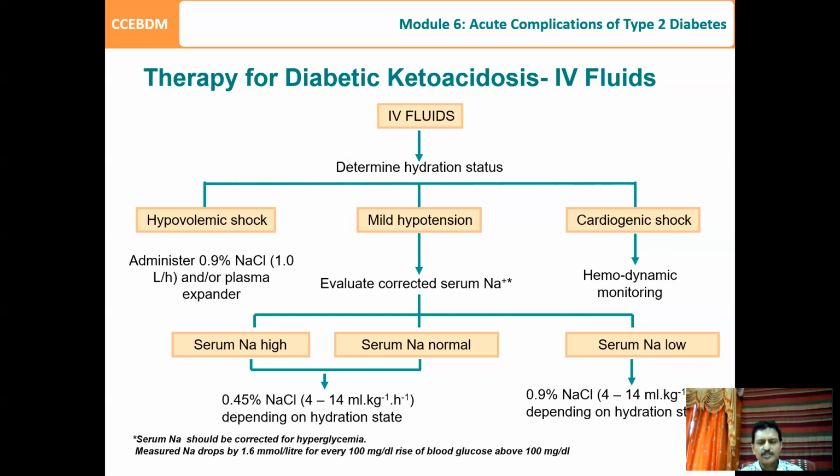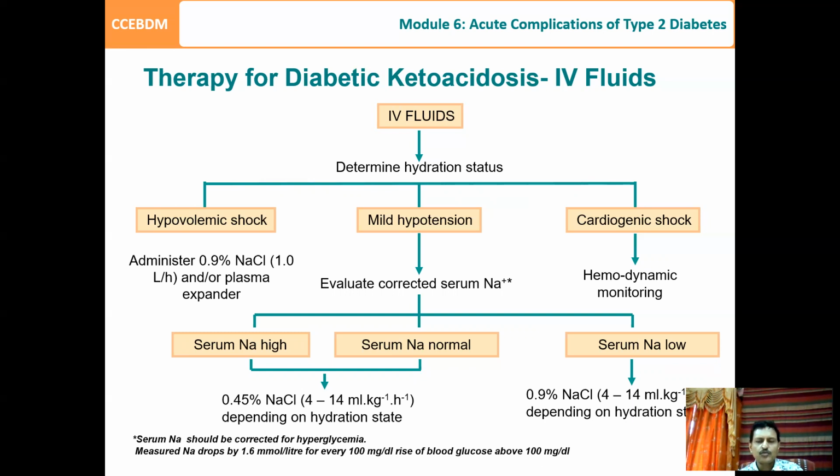So start normal saline, give normal saline over a period of time, and keep on monitoring the glucose value. Once the glucose value reaches the level of say 200 to 250 milligram per dl, you have to shift the normal saline to dextrose saline, so that the patient will receive the glucose as well.